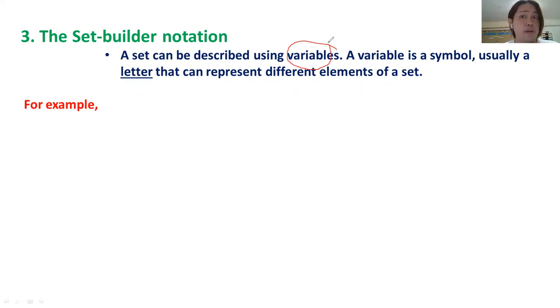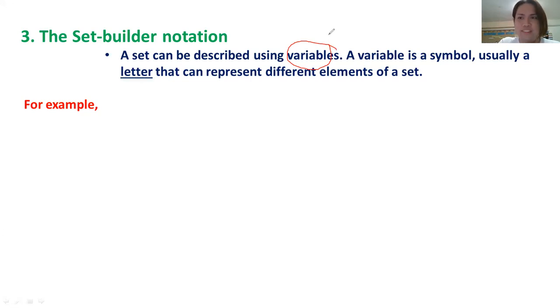So remember, when we say variable, it is a symbol, usually a letter, that can represent different elements of a set. So how do we do the set builder notation in naming a set or describing the elements of a set?